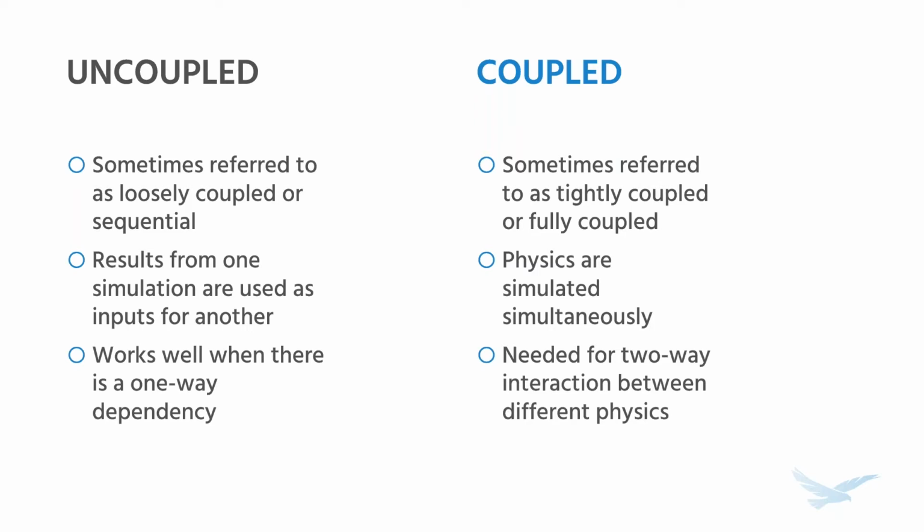But if you've got some sort of behavior where the billboard moving is changing the flow, that's a two-way interaction, and that's when you need to do a coupled analysis, where you're simulating the fluid and the structure at the same time. And so sometimes coupled analyses get called simultaneous coupled analysis, tightly coupled or fully coupled, but all of those refer to that type of problem where you've got the structure influencing the flow as well.